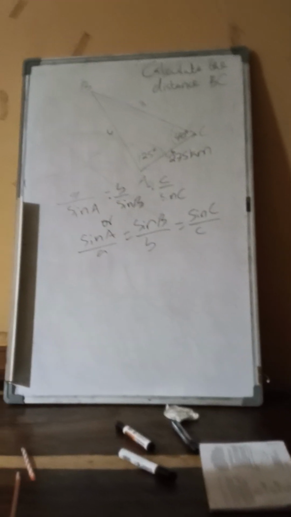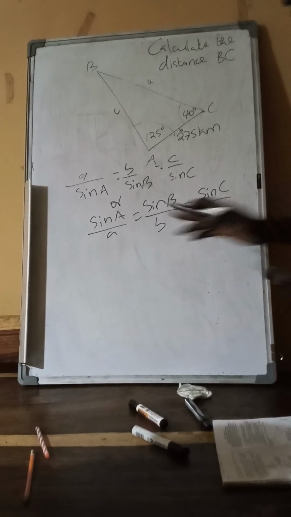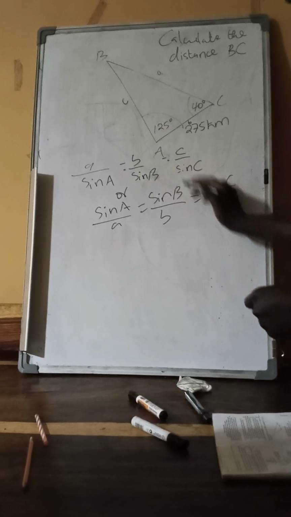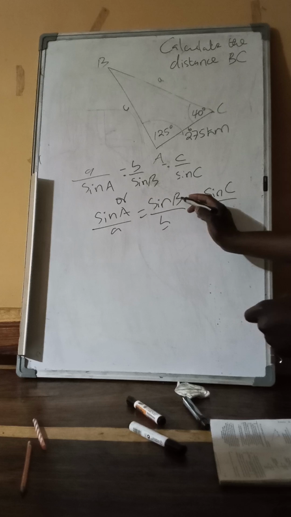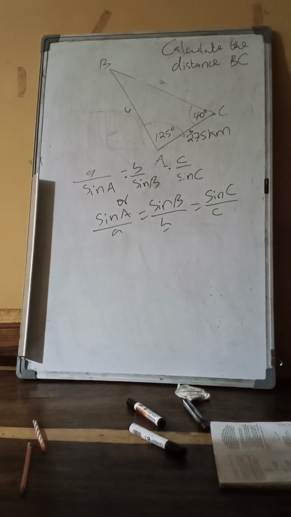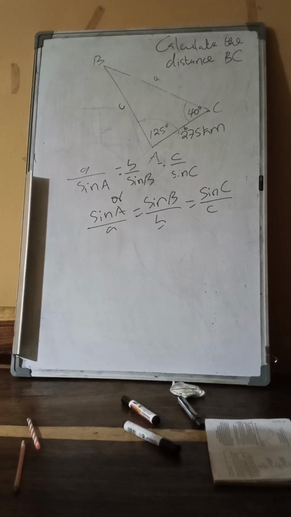You can also use that equation. You can't use all these three together, you can use only two parts. You can use a and b, a and c, or b and c. Are we together?